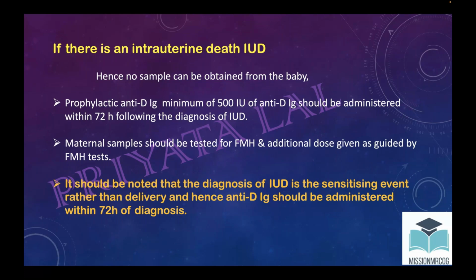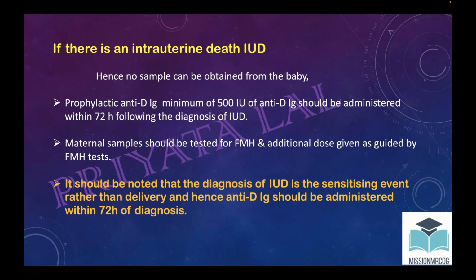So the message here is that if the antenatal patient has a live birth, when the patient comes for delivery, we give postnatal prophylaxis. But if the patient comes with an IUD, the IUD itself is a sensitizing event. So we consider giving anti-D within 72 hours and also testing for FMH, and whatever is needed for delivery will be done after delivery.